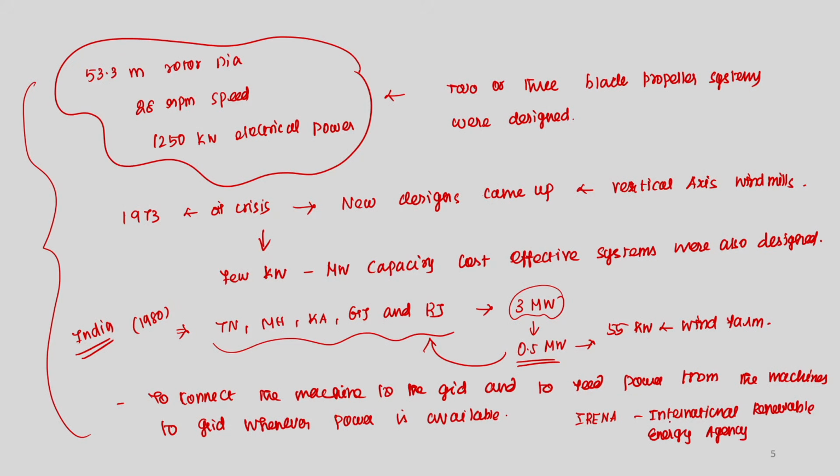So, from this site you would get all the information, right. What is the current installed capacity of wind energy and what is the generation capacity of electrical power from wind energy systems, all the data you would be able to get. And we will also see till 2015 what the development is in the subsequent slides.